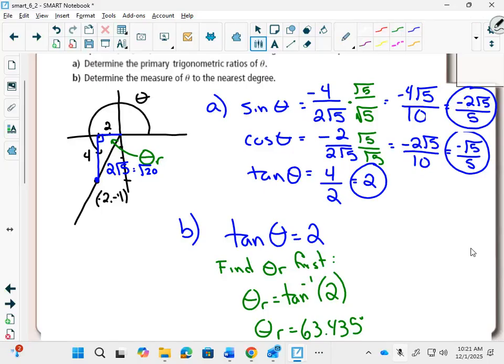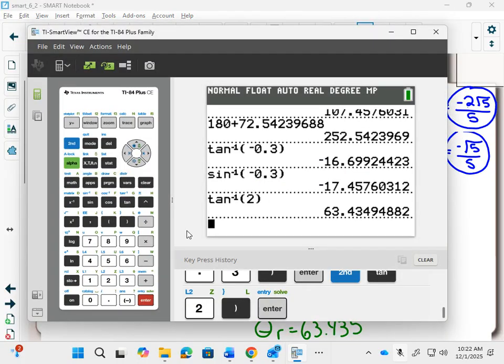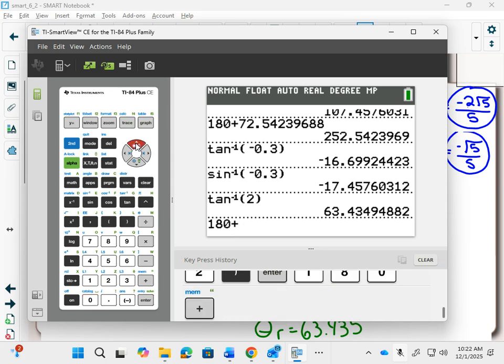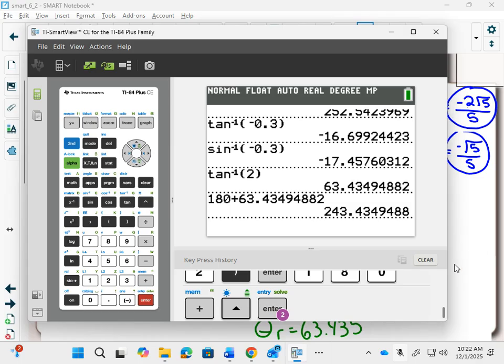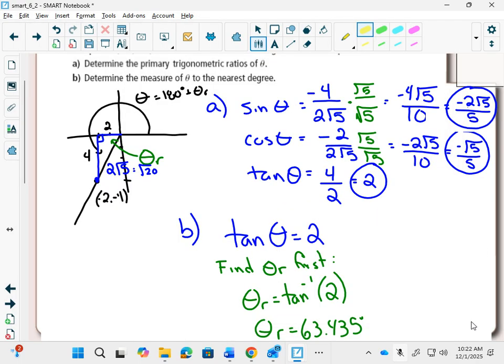Now, if you have that and you think about quadrant 3, does it make sense that this angle is going to equal 180 degrees plus your reference? So I can go back to my calculator and take that 180 and add that reference angle I just found. 243.435.